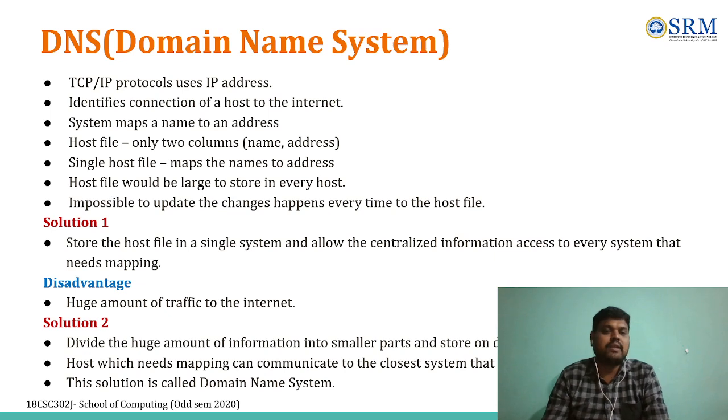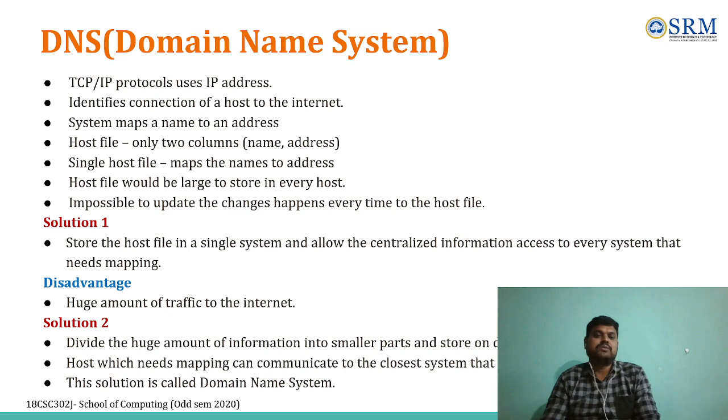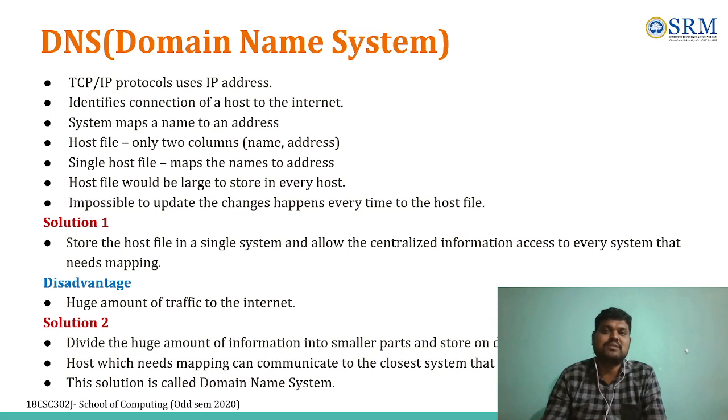Imagine there are millions of devices connected in the internet. If you store all the names and addresses in a single table or file, it would be too large to store in all the hosts. It is also impossible to update the changes that happen whenever there is a change in the network.